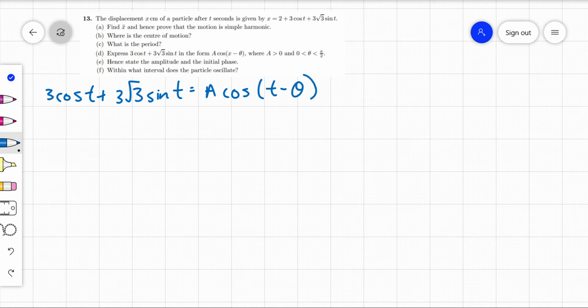You can do it from memory, depends how you're taught. I like to just expand it and compare. So I'll put a cos t cos theta plus sine t sine theta.